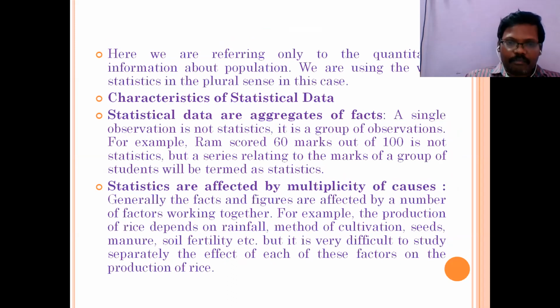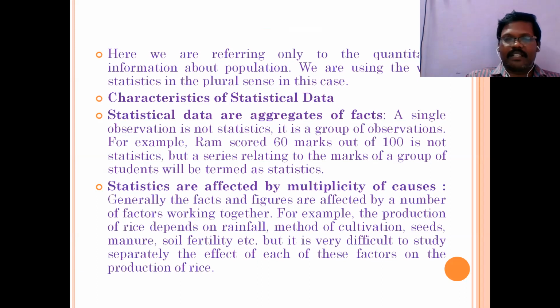Now in this particular aspect, we are referring only to quantitative information about the population. What is the difference between quantitative and qualitative? Quantitative is nothing but numbers; we can measure, estimate and find out. Quality, we cannot see.